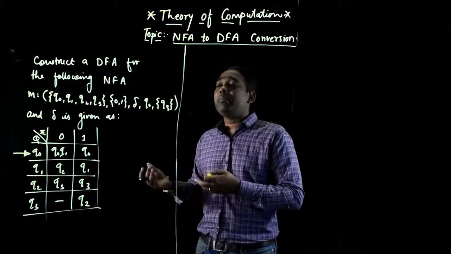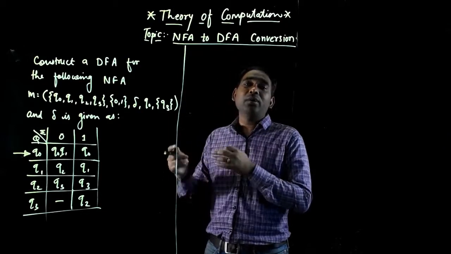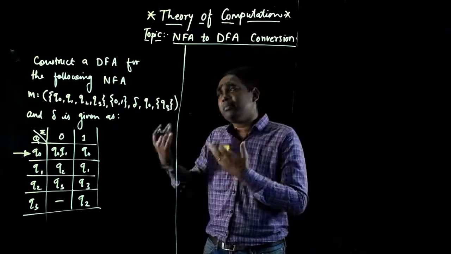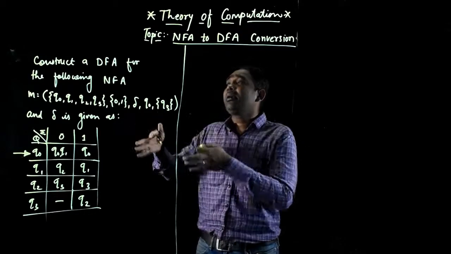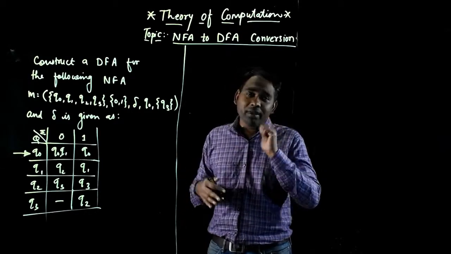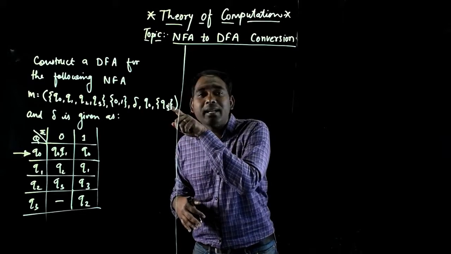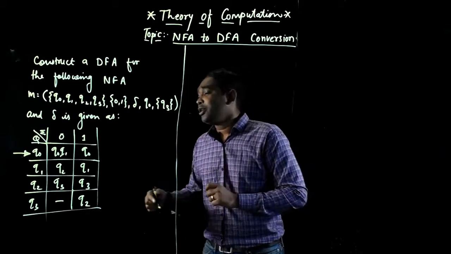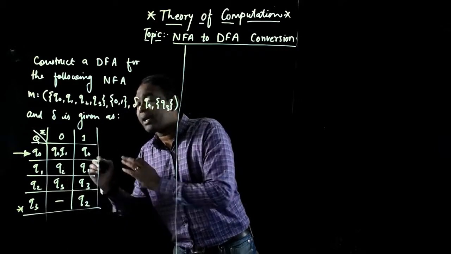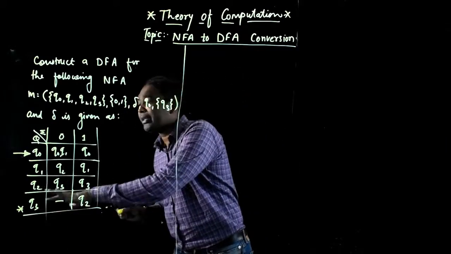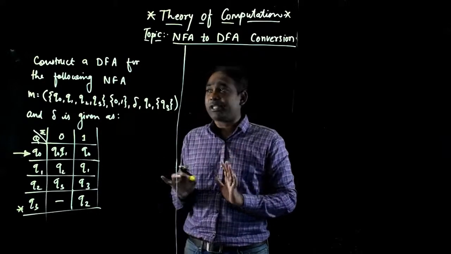In some other problems it is not fixed; in an NFA you can have multiple final states as well. But in this particular problem, the final state is your Q3. So we'll mark this Q3 as my final state with a star mark, and this Q0 is my initial state.